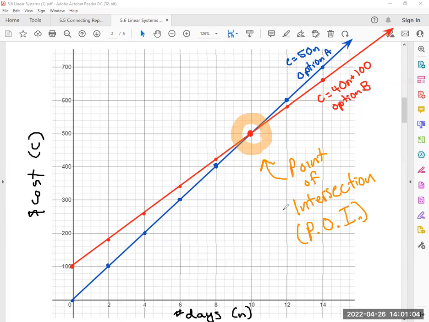And that's a really important part of this thing called a linear system. So some of you are still working on the graph. Please make sure you add and label this point of intersection. And we'll start answering some of these to analyze the graph correctly.